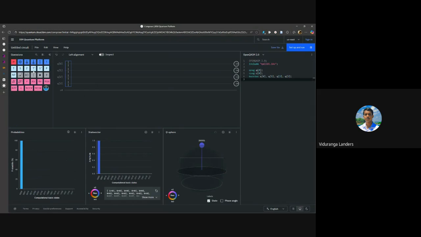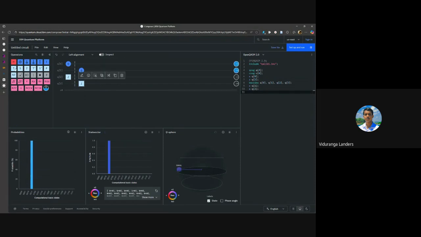Okay, so what I mean by that is I'm trying to write a program to automate the task of adding these gates. So let's say I wanted to add an X gate and I wanted to add a Z gate. And now I need to add an X gate here, a Z gate here, and the Y gate here.